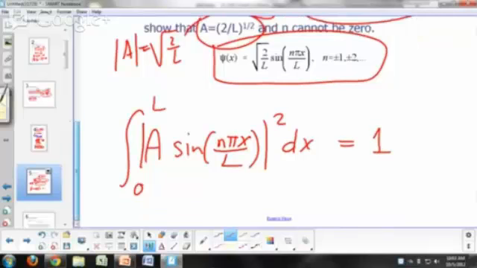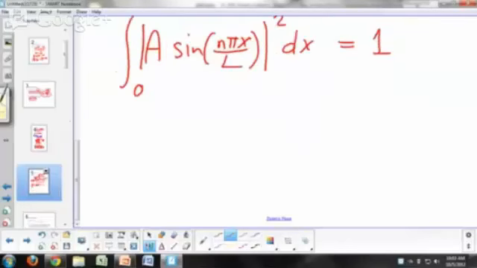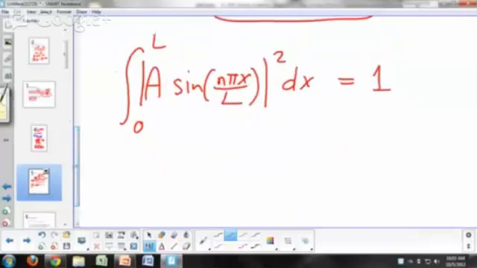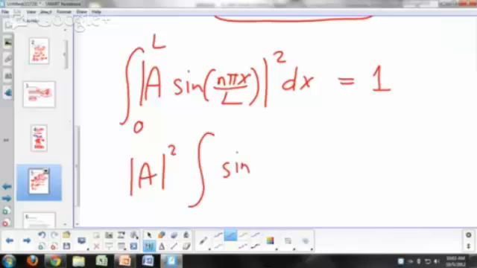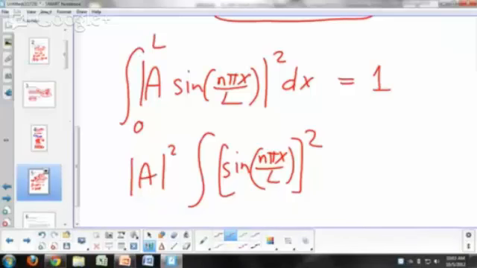How do I solve for A? I factor it out of my integral, right? So the absolute value of A squared times the integral of sine n pi x over L, the whole thing squared, dx from 0 to L, is equal to 1. I don't need the absolute value there anymore because the sine of a real number is also a real number.